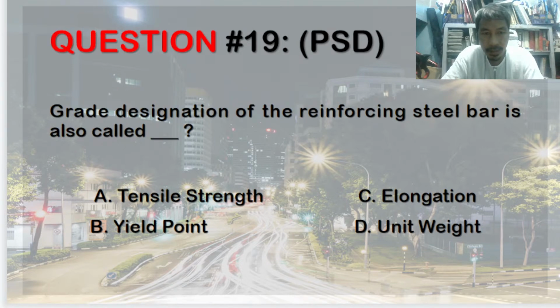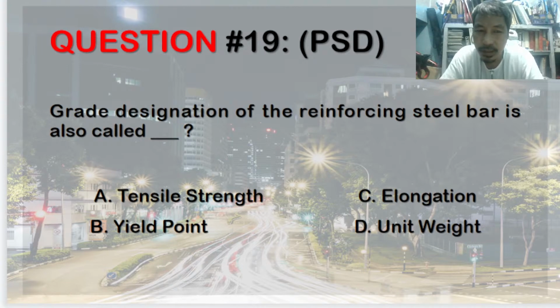Question number 19, grade designation of reinforcing steel bar is also called A, tensile strength, B, yield point, C, elongation, D, unit weight. What do you mean by that? For example, grade 40 rebars, grade 60 rebars. What does that 60 represent, or what does 40 represent?